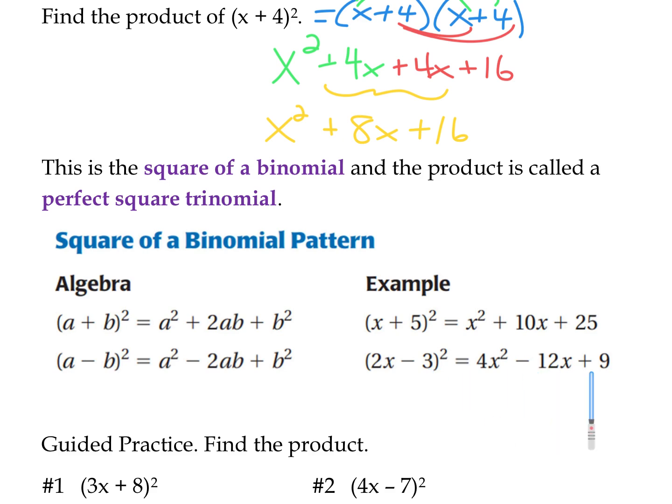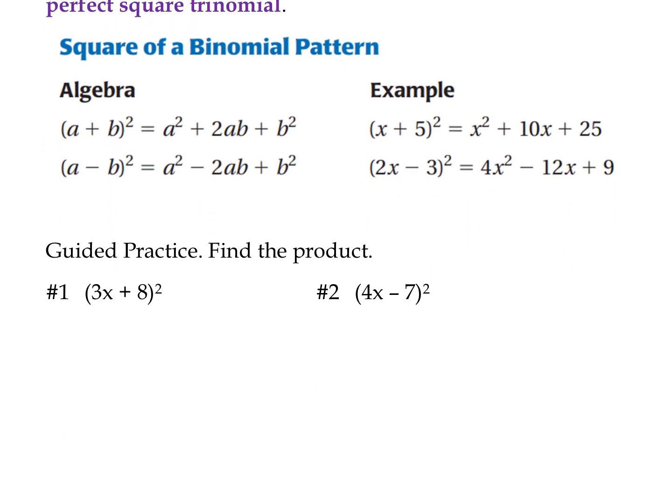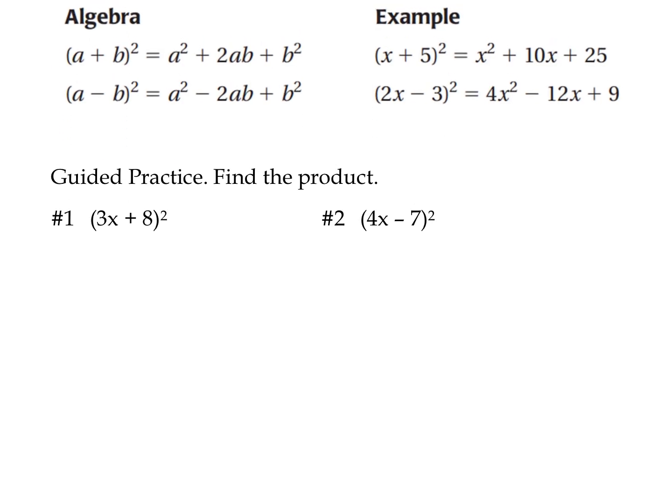All right, so we want to recognize these patterns here, not have to write it out the long way every time. So practice that. The more you practice it, the better you'll get at it, the more sense it will make when you need to do it. You can do it more quickly. You can do it without doing those steps and possibly making errors. So when we square 3x plus 8, we're going to take our first term, 3x squared, which is going to be 9x squared.